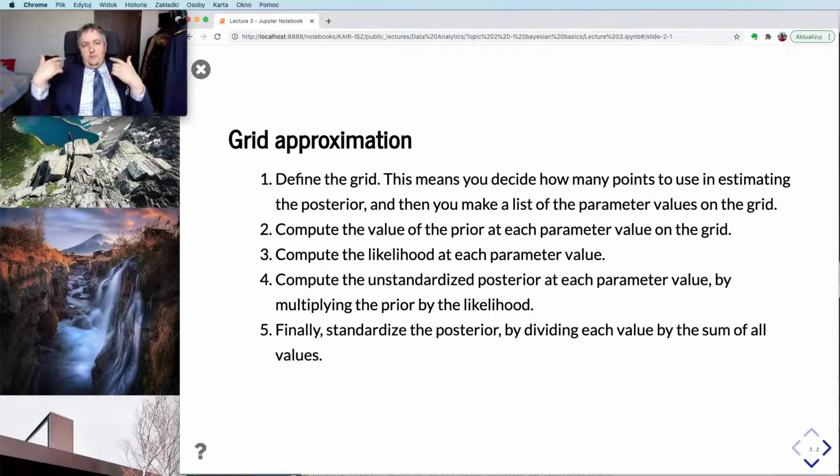So if we sum all the values of our posterior, then we can divide by the sum, so it will become a probability distribution on the grid. We transform our infinite set, which consisted of an infinite number of points because it was a continuous set, into a grid, and we establish a probability distribution on that grid. So from the continuous distribution on an interval, we go to a discrete distribution on the grid. So generally, that is very simple.